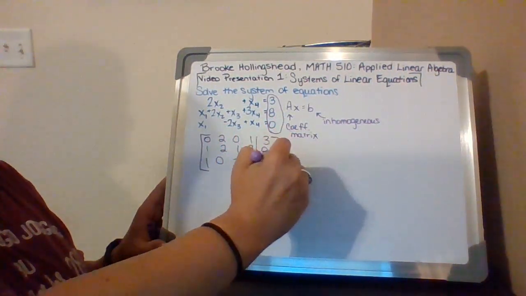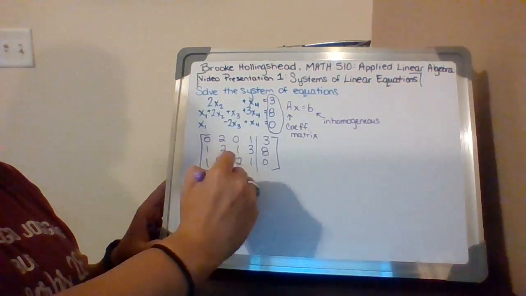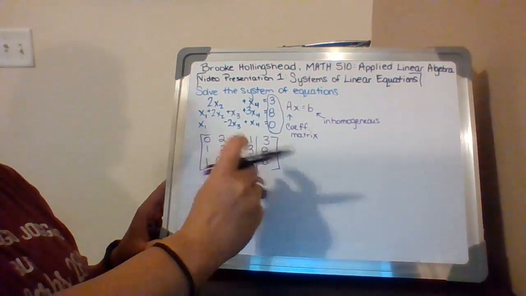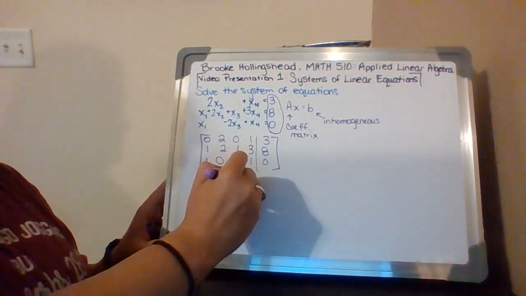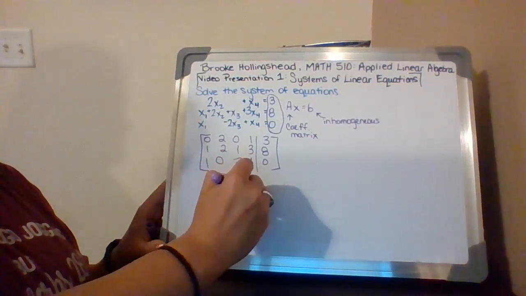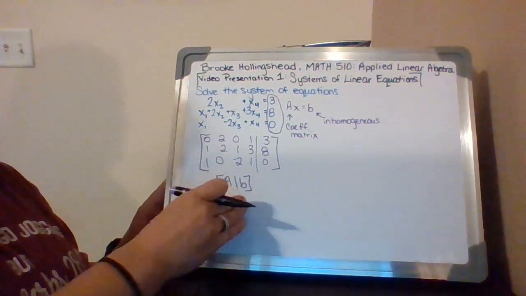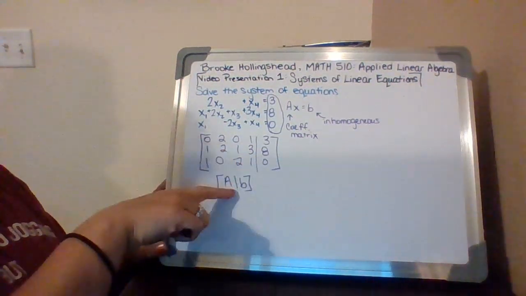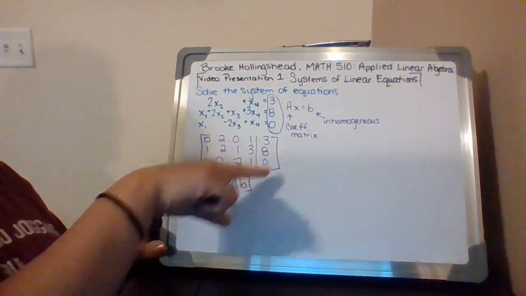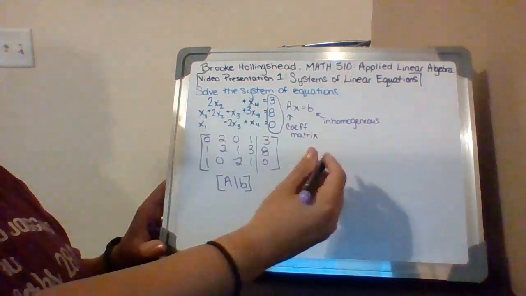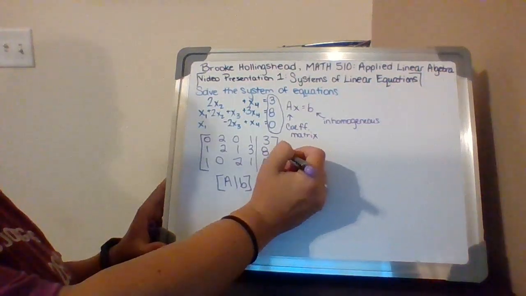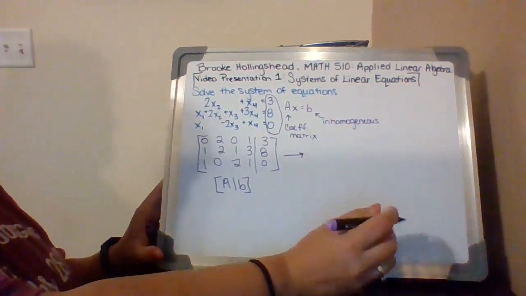So this is what's called the augmented coefficient matrix, because we took all of our coefficients and put them with our inhomogeneous terms, and now we're going to solve them using Gaussian elimination row reduction.